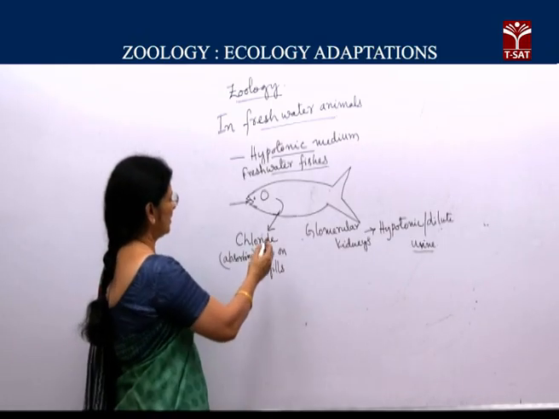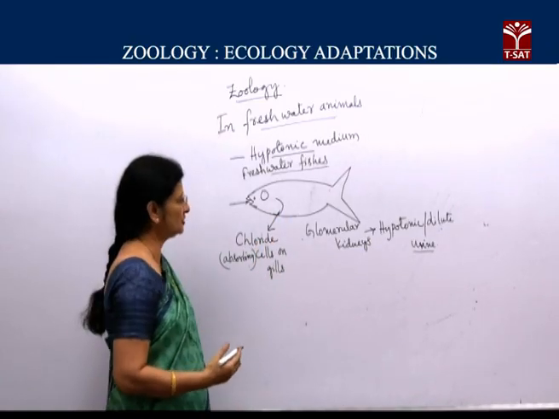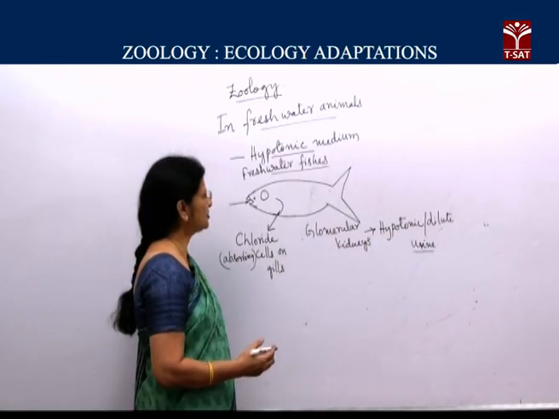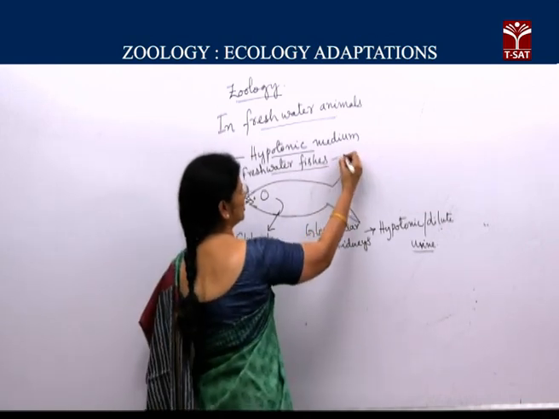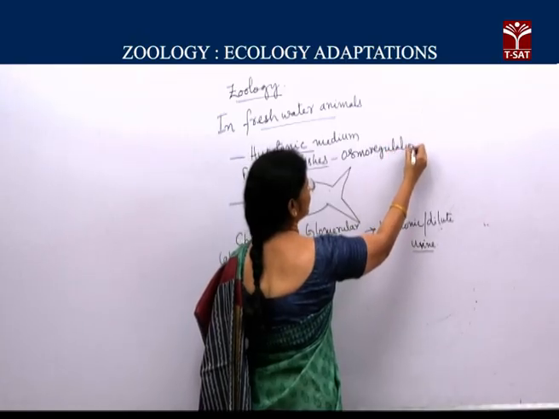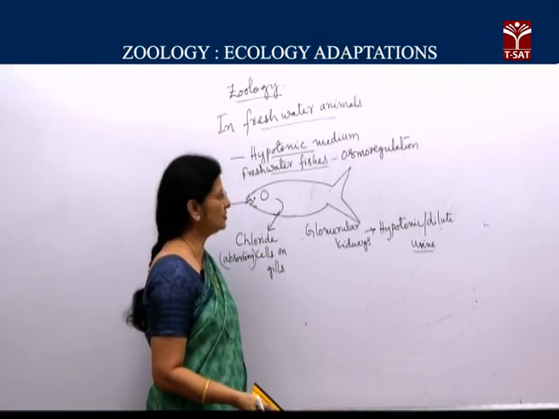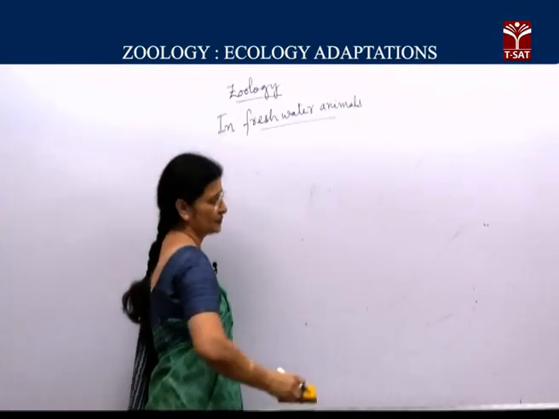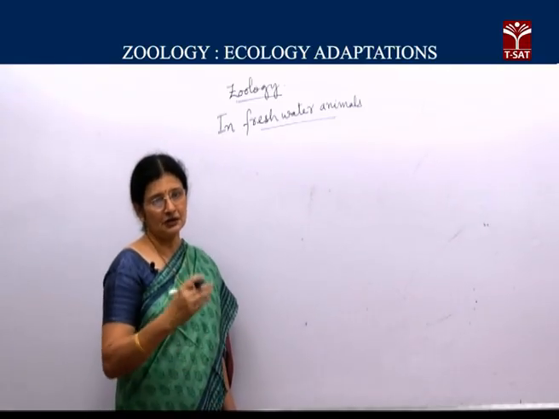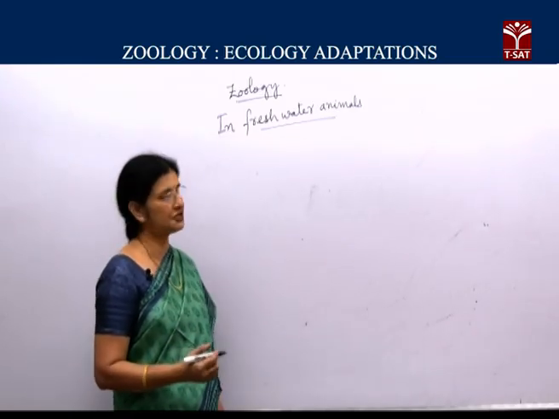That way they are taking the salts and losing water. That is, in case of freshwater fishes, they maintain this osmoregulation. And during summer, as I already mentioned, Protopterus, a lungfish, shows estivation. During summer, water levels will decrease, so they withstand summer conditions by undergoing estivation.